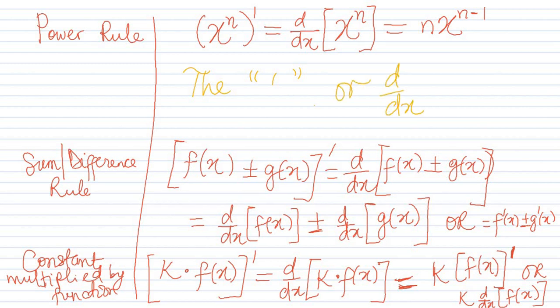For this video, I'm going to be using d over dx, but as further videos come, not in the power rule though, in other rules, I'm going to stick to using prime and maybe sometimes use d over dx purposely, just because I like my work to be neater, and using prime is a lot neater. But you can use either of the two. Just pick whatever you're most comfortable with, or whatever your professor prefers you use. So that's that.